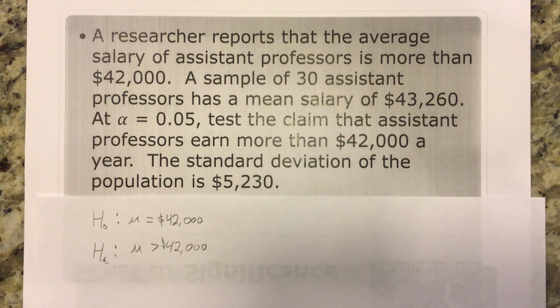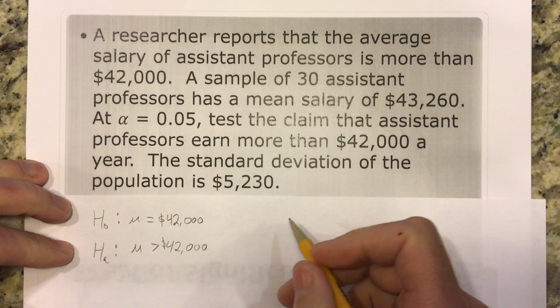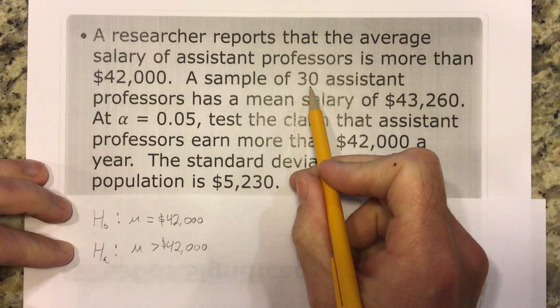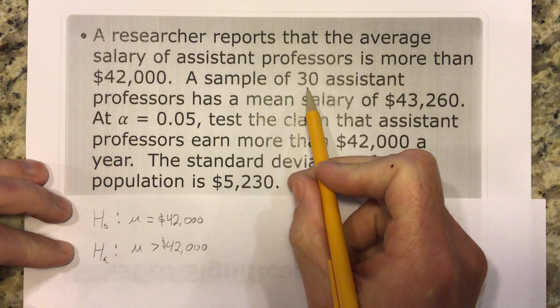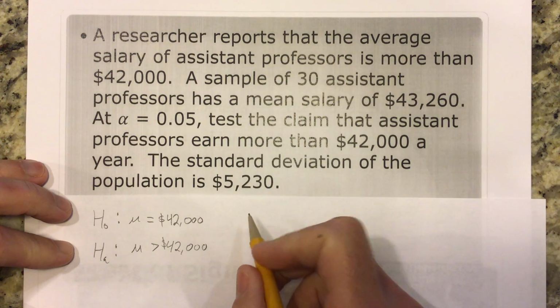Okay, let's validate the calculation before we actually do it. So remember, we need to have a population at least 10 times the size of the sample in order to use our standard deviation formula. There's definitely going to be at least 300 assistant professors out there.